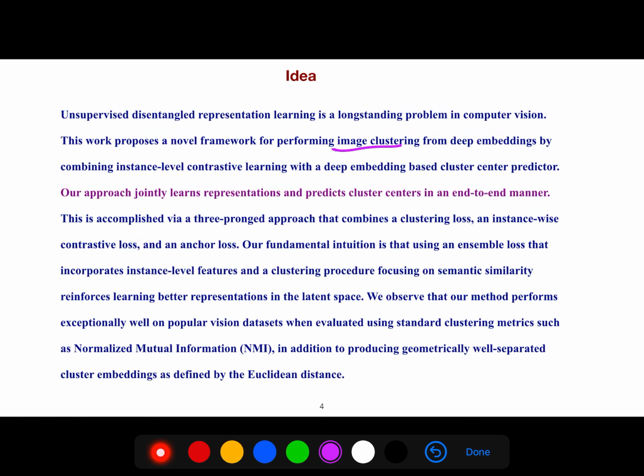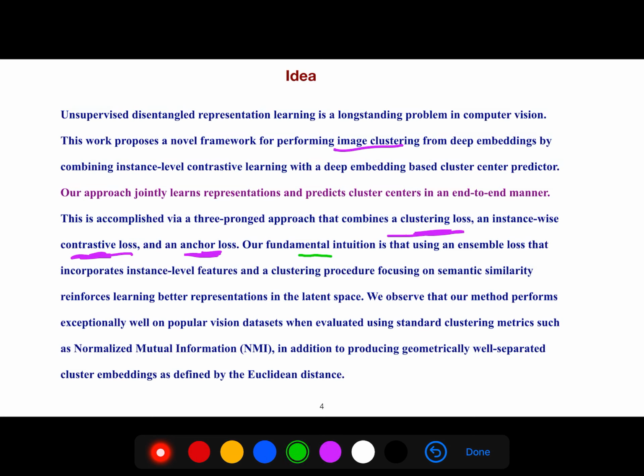Our approach jointly learns representations and predicts cluster centers in an end-to-end manner. This is accomplished via a three-pronged approach that combines a clustering loss, an instance-wise contrastive loss, and an anchor loss. So, 3 losses.